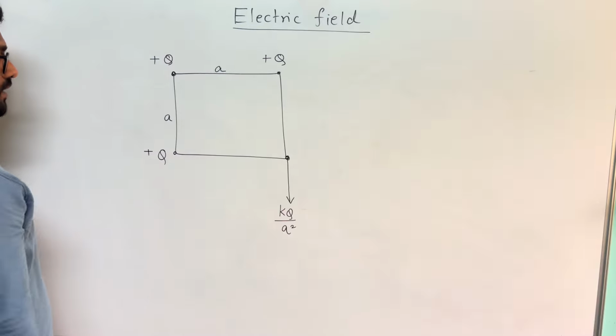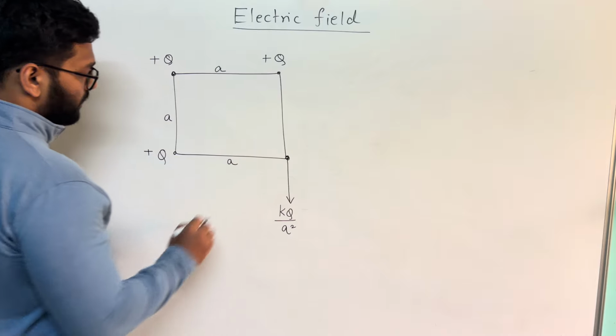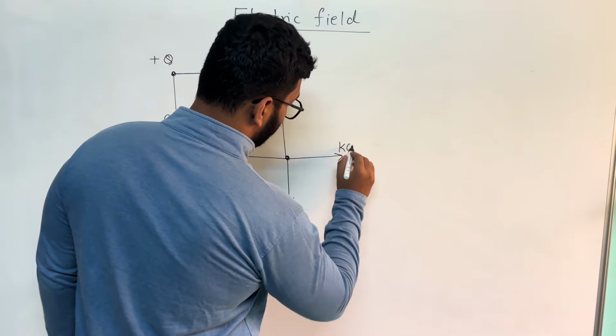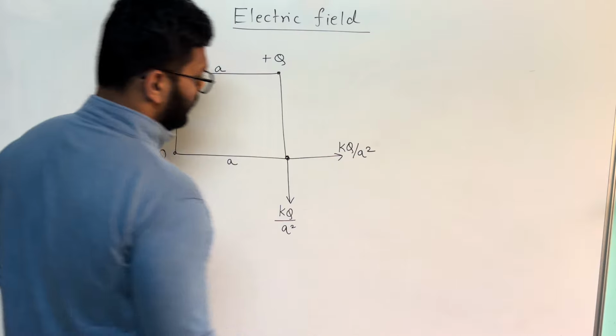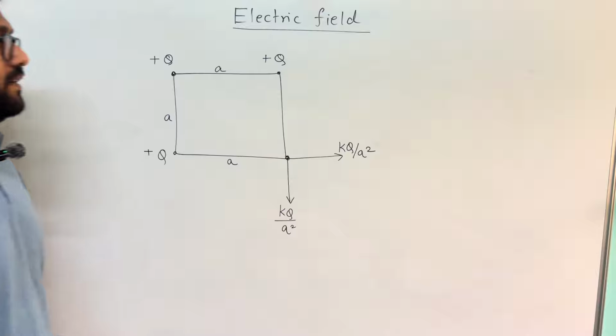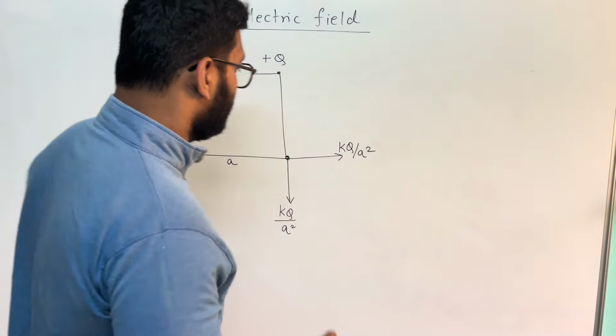Now due to this charge plus q, the distance between this point and this charge q is a, so the electric field in this direction will be kq by a square. Both of these electric fields are the same in magnitude but different in direction.